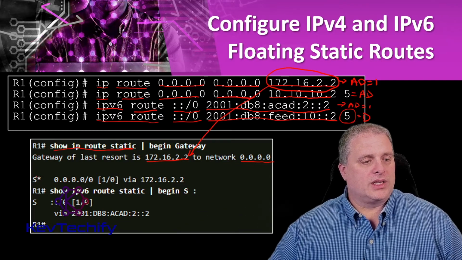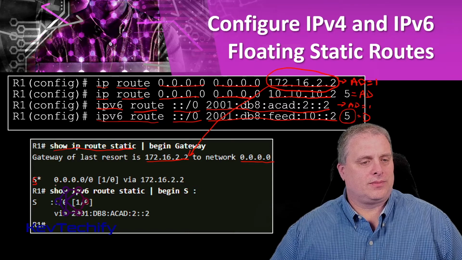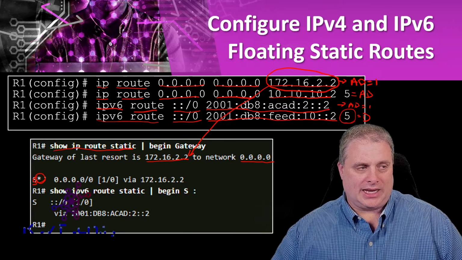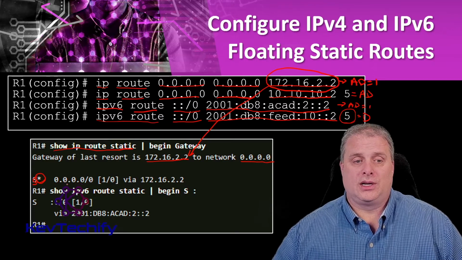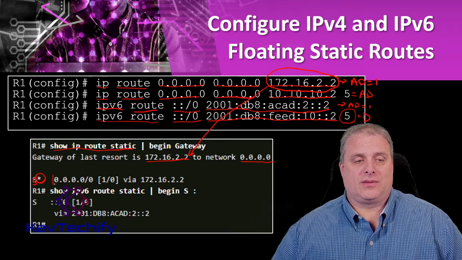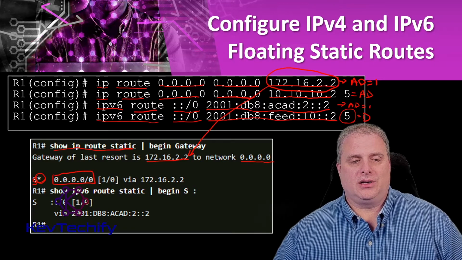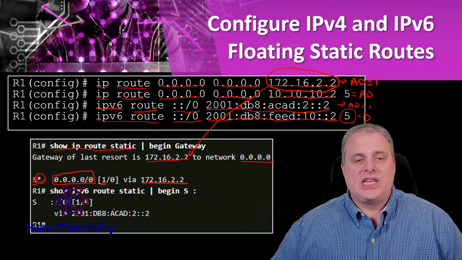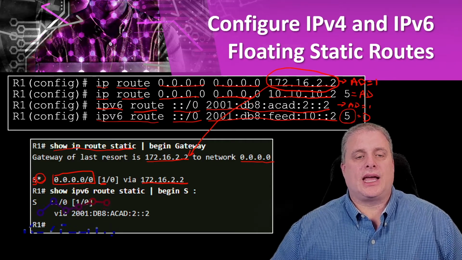Come down here, we can see that this is a static route. It has the asterisk here, so it's a candidate for the default route. We have all zeros here, administrative distance of 1, and our next hop IP address. It doesn't list the secondary one.